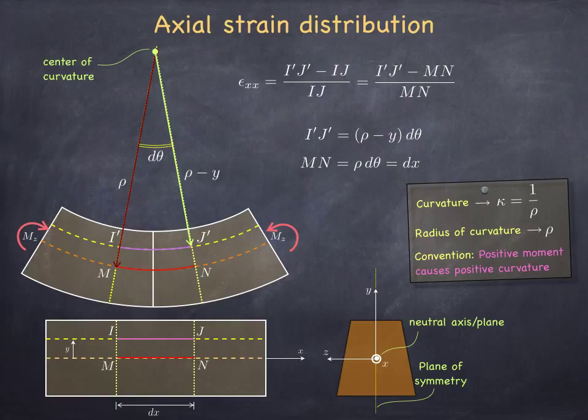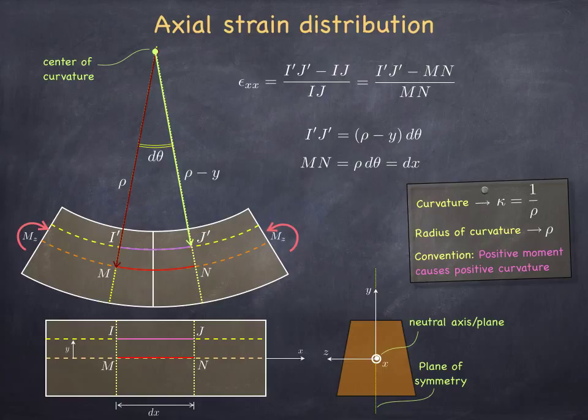The same geometry argument relates the radius of curvature and the angle to MN, which is simply rho d theta. By definition, that length segment has not changed after the deformation, so rho d theta is also equal to dx.